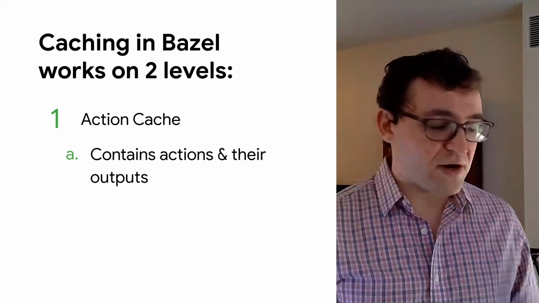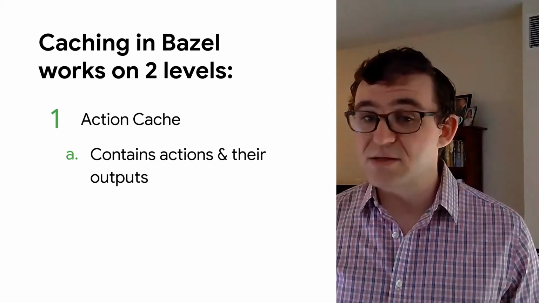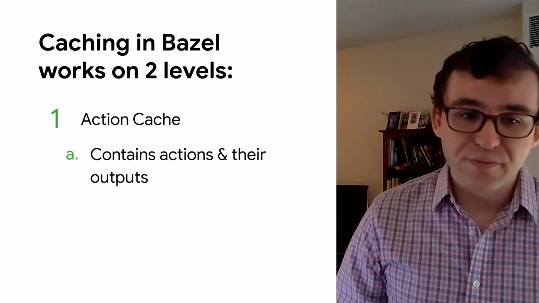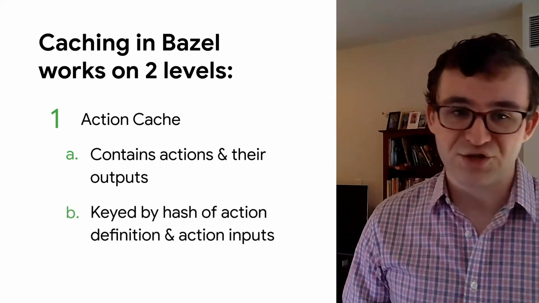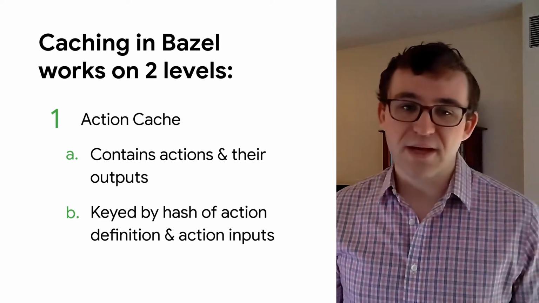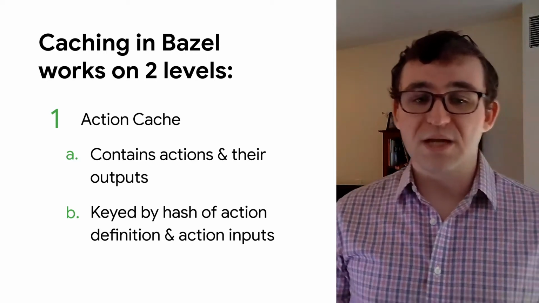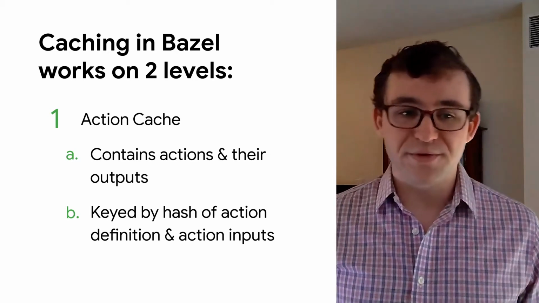Think the environment variables that it uses, the list of output files it's going to create, the command line to actually run the action, and also a combined hash of all the input files to the action. And when you get a cache hit, the action cache will tell you what the digests of the outputs are, so you can go and look them up.